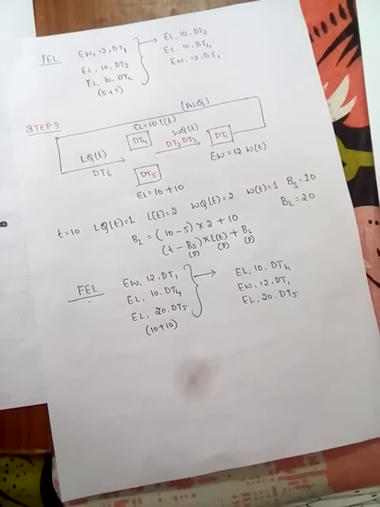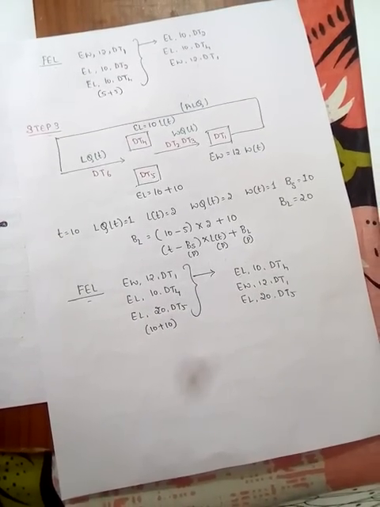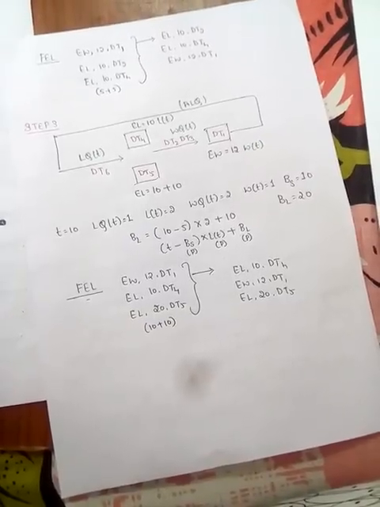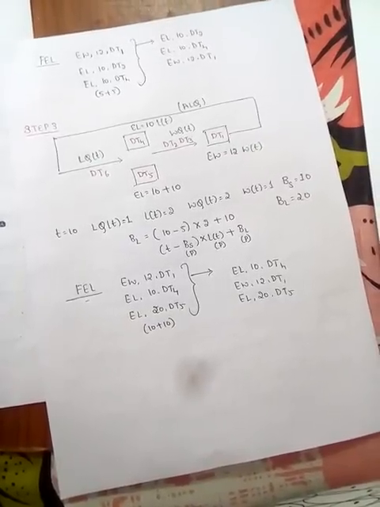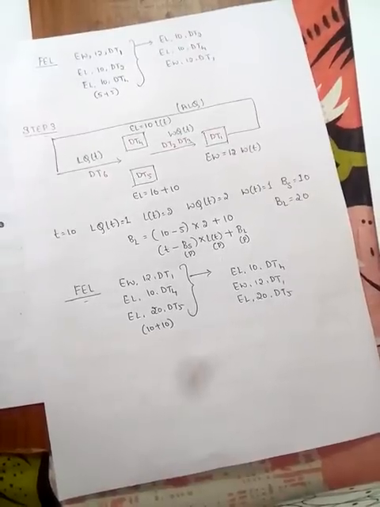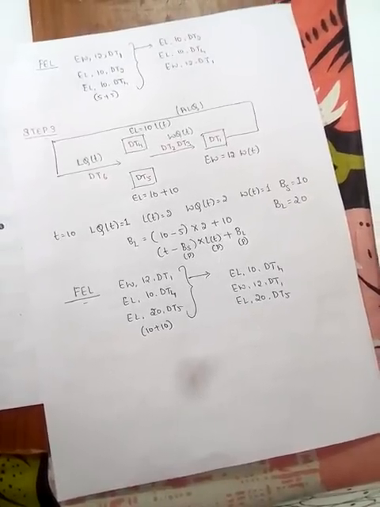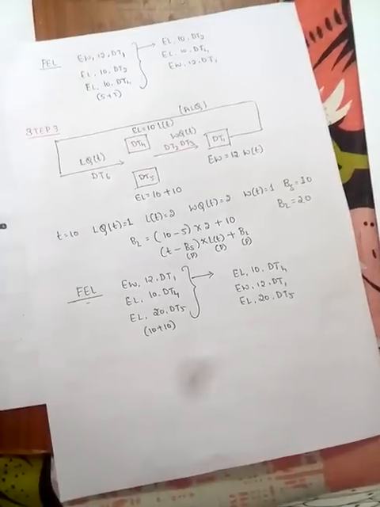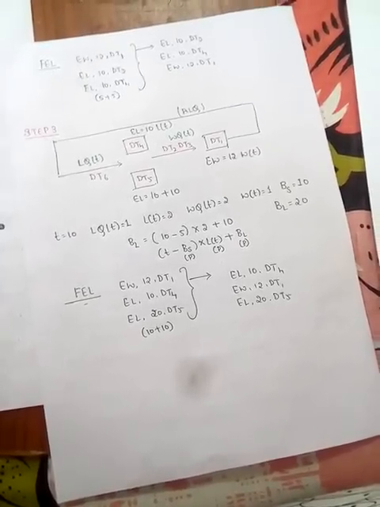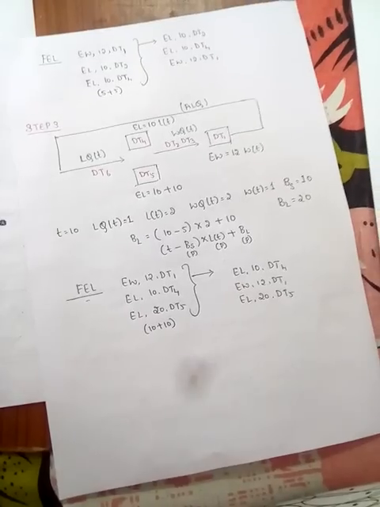The minimum value is 10, the DT4 value: EL, 10, DT4, EW, 12, DT1, then EL, 20, DT5. Here in this process, my least value is 10, that is the DT4 truck value. This 10 we will take as the clock time for the step 4 process.